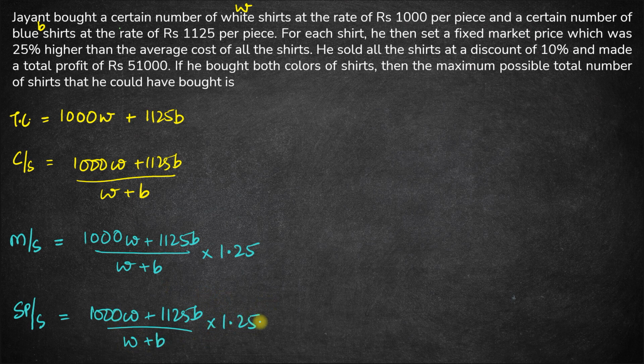This is the mark price per shirt. The final selling price is 10% less than this mark price. So the mark price is (1000 W plus 1125 B) upon (W plus B) into 1.25, and a discount of 10% is given. If you reduce this by 10%, you have to multiply it by 0.9. The multiplication factor for a 10% reduction is 0.9. This is the selling price per shirt.